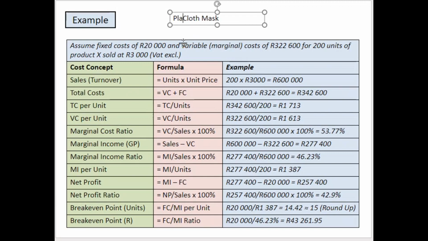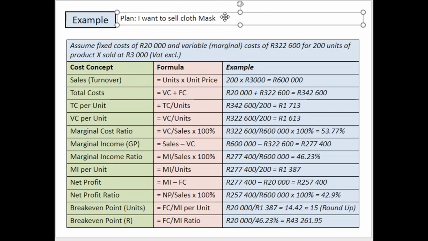This is my plan. Let's call it my plan. My plan is I want to sell masks at 50 Rand each.